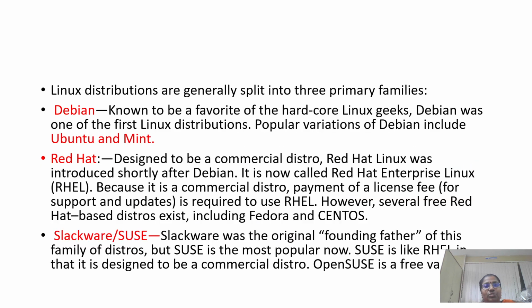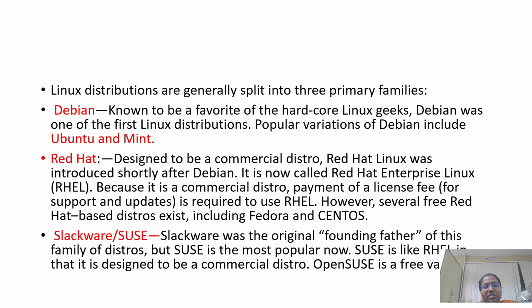Various distributions are available. They are primarily split into three primary families. Debian is known to be the favorite of the hardcore Linux users. Debian was one of the first Linux distributions. Popular variations of Debian include Ubuntu and Mint. Red Hat was designed to be a commercial distro.